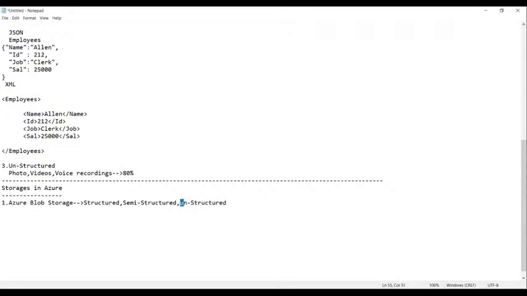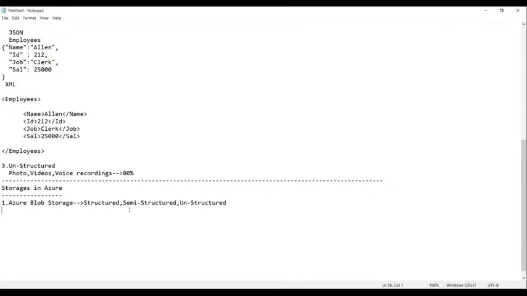These are the types we can store. So now the Azure Blob Storage can store any kind of data.